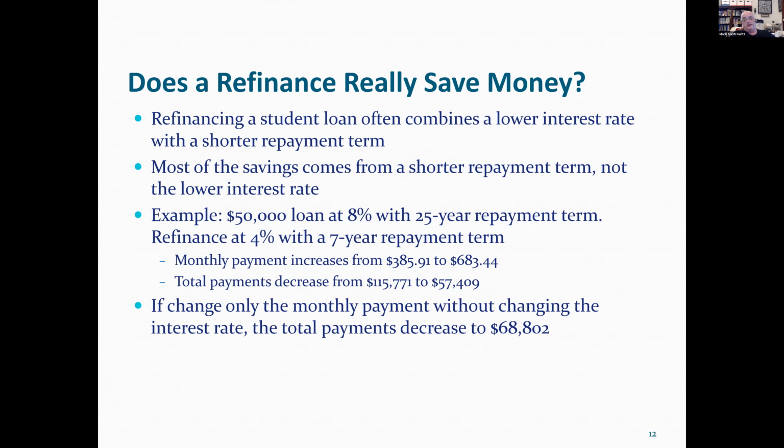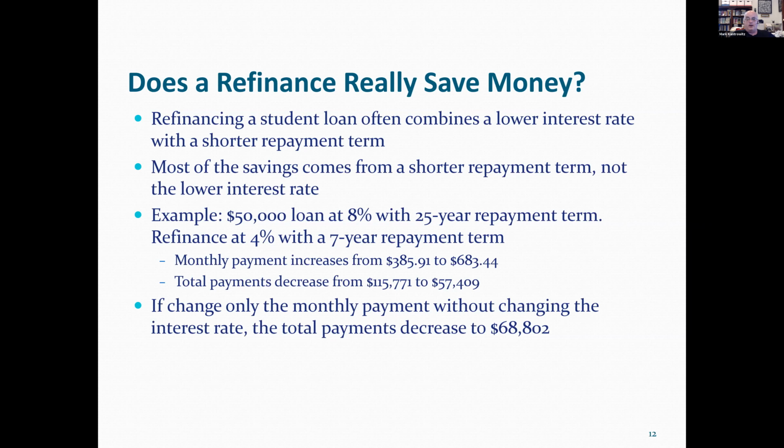In fact, it's usually reducing your loan payment by only about 10 to 20%. But if we look at the monthly payment, in this particular example, because we're changing the repayment term, not just the interest rate, your monthly payment is going to be slightly less than doubling. It goes from $386 to $683.